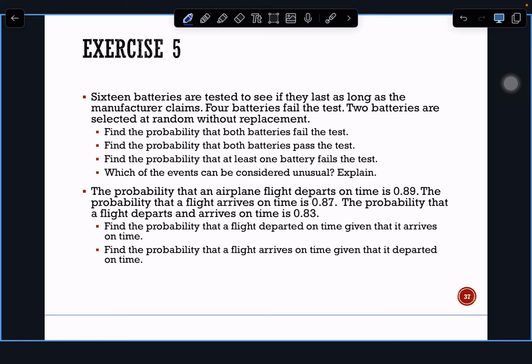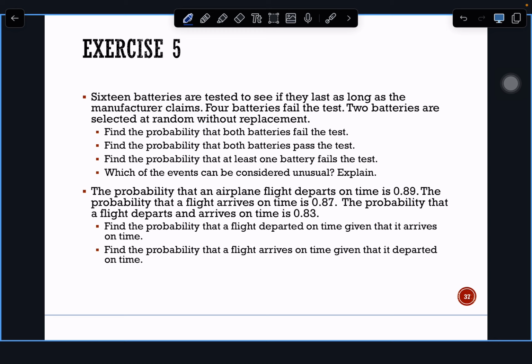Done reading. Okay, how do we solve this problem? I mean, what method? I don't want to see the information here. Do you want to use a Venn diagram or a tree diagram? Which one is easier? Tree diagram.